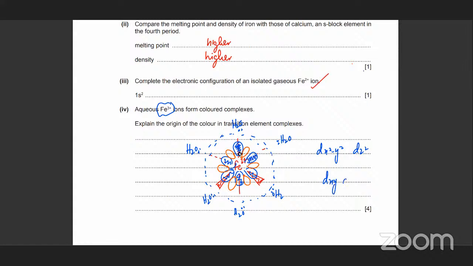And the d orbitals between the axes, it would be easier to keep electrons there. An electron from a lower energy d orbital can gain energy and move to a higher energy d orbital, and the energy gap matches frequencies from the visible spectrum. Hence you see a complementary color. You can remember this explanation. It's a very typical question that almost always comes.